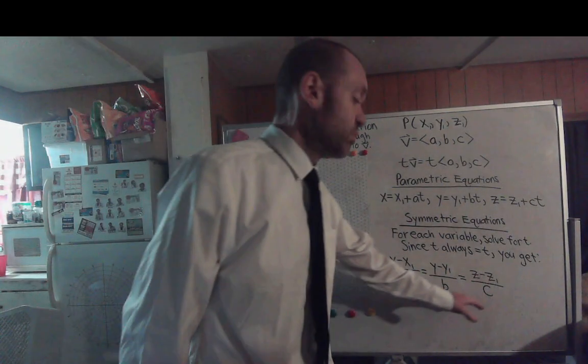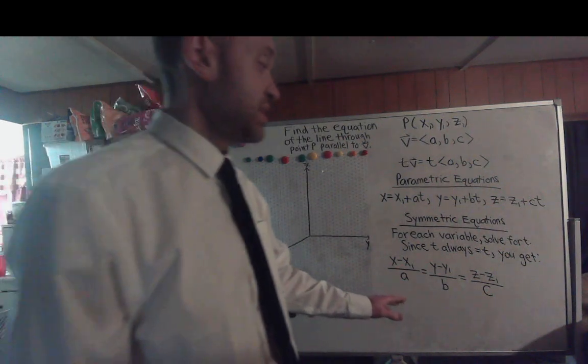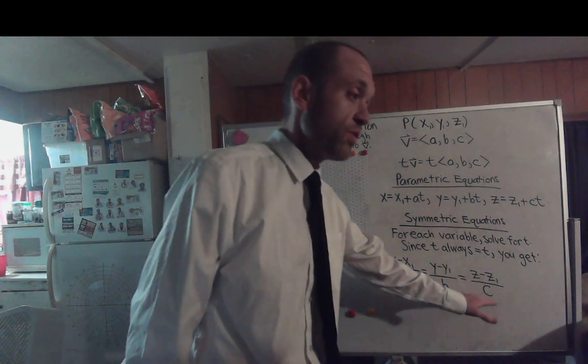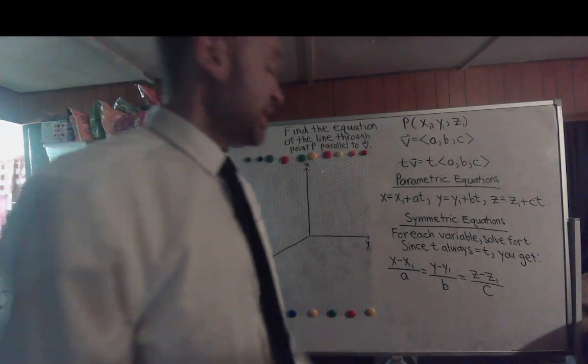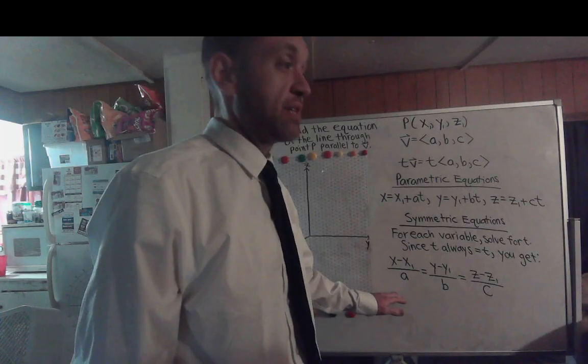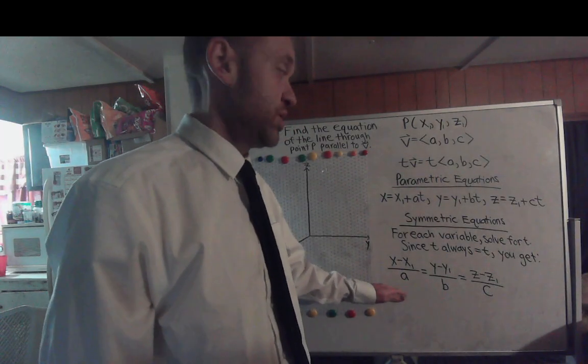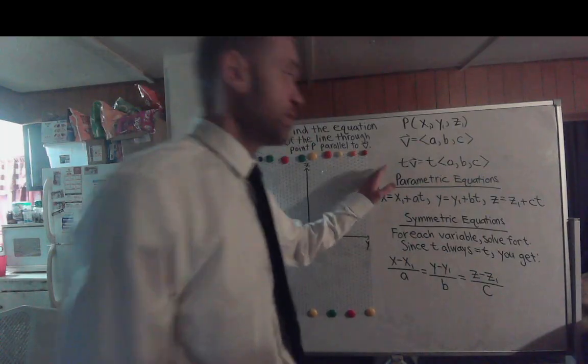That they're all equal to each other. This is where you see that you have to have a non-zero direction number because you would be dividing by 0.